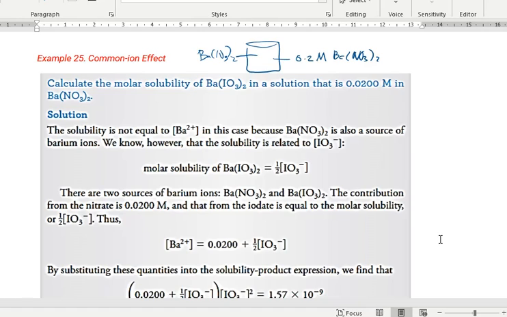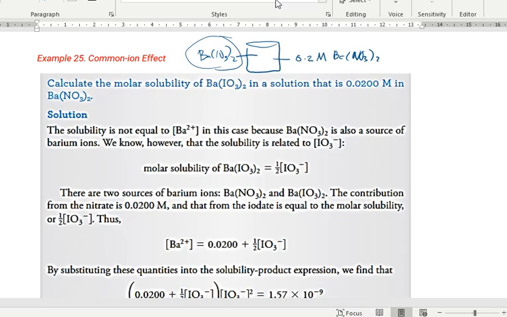You are asked how much barium iodate can dissolve in this solution that already contains barium nitrate. So obviously the common ion here is barium, right?